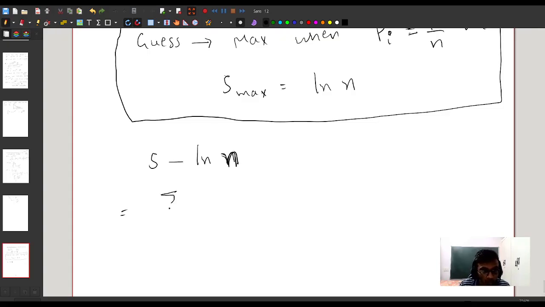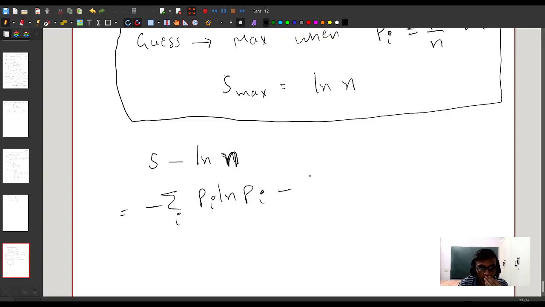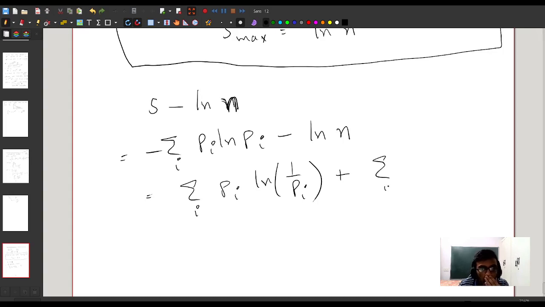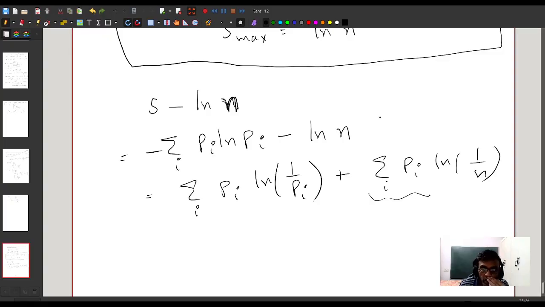So this is going to be the sum over i of minus p_i ln p_i, minus log n. You can write this as the sum over i of p_i log 1 over p_i plus the sum over i of p_i log 1 over n. The sum of p_i is just one, so there's no harm in doing this insertion.